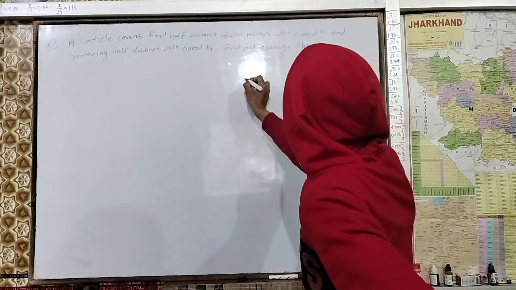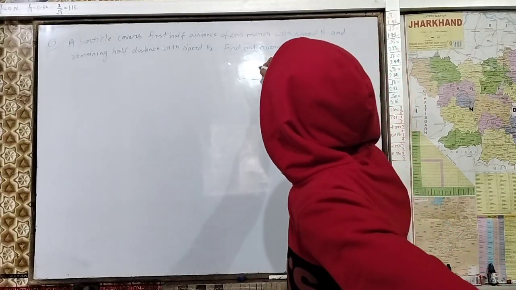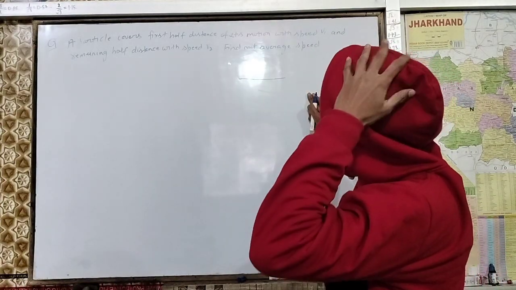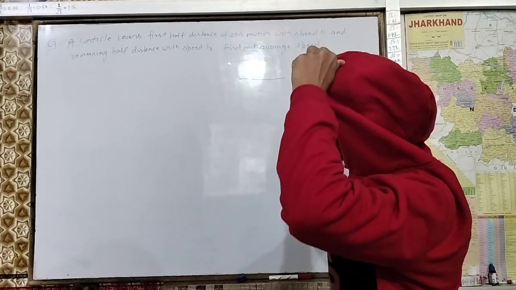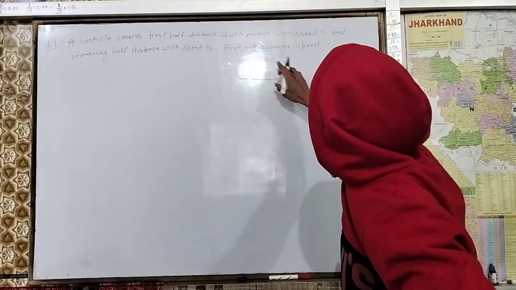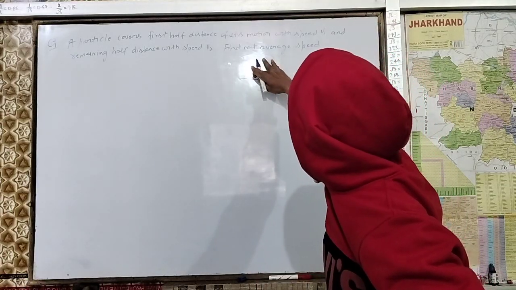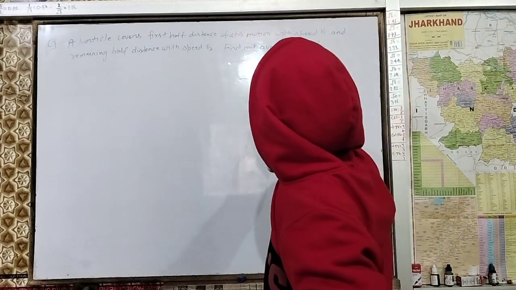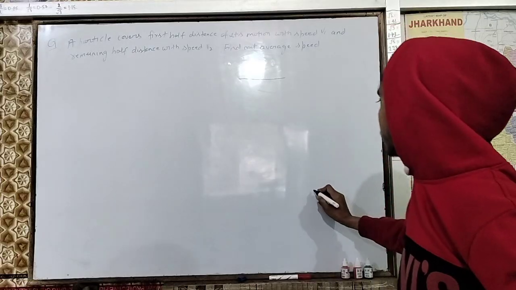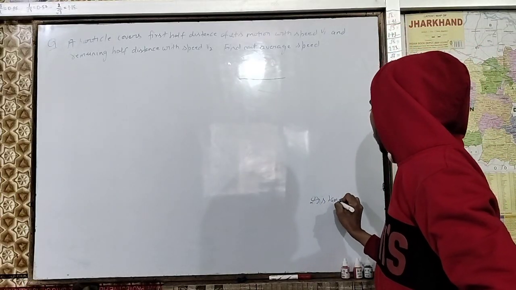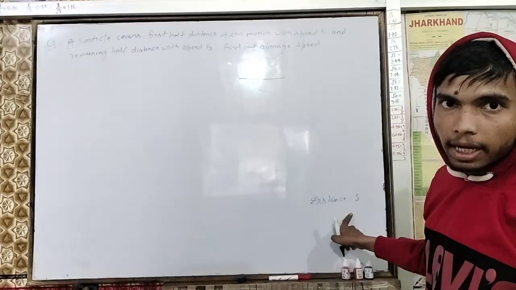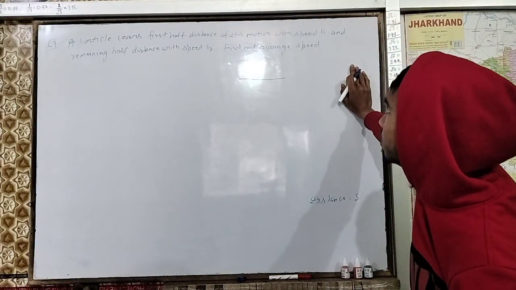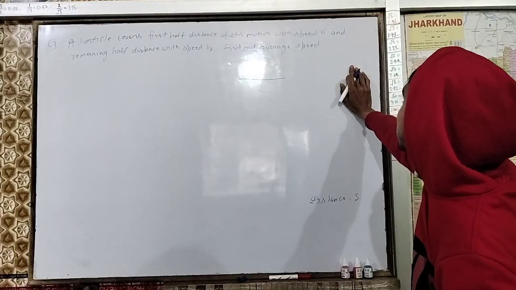Let's say the total distance is s, so half is s upon 2. Right now we are considering s as a distance, though we may consider it as displacement. This half distance of its motion is covered with a speed v1.